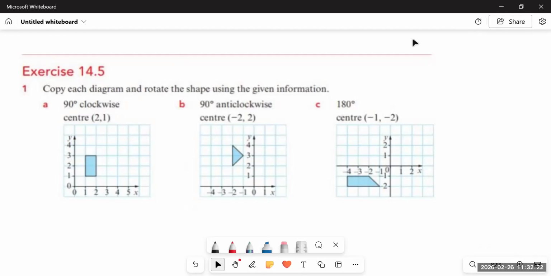Here it says copy each diagram and rotate the shape using the given information. So the first one is 90-degree clockwise. Clockwise is this rotation. This is clockwise, and when it says anti-clockwise, we have to rotate in this direction.